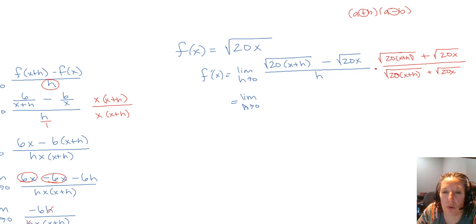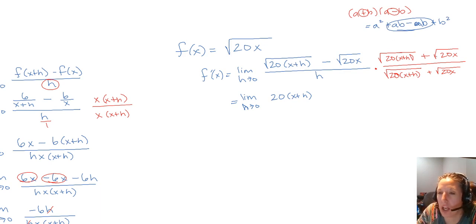So the square root of 20 times x plus h times itself is going to get rid of that square root, so we'll just have 20 times x plus h. The good thing with conjugates is when we multiply them, we always get our middle terms to be exact opposites of each other, so they're always going to add to 0. And the same thing's going to happen here.